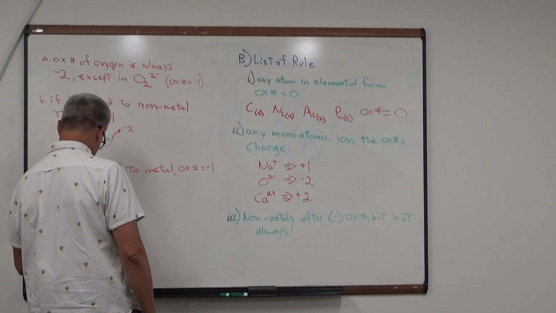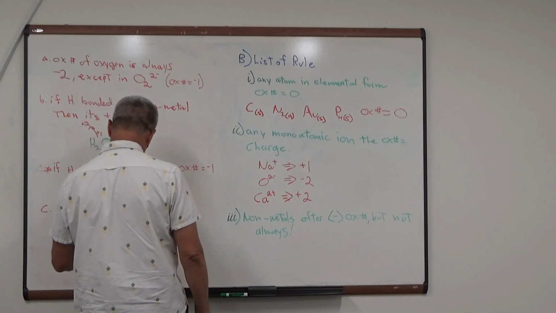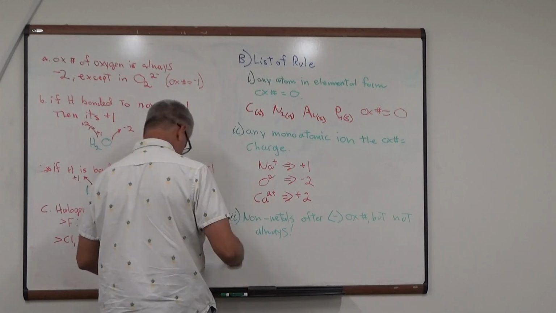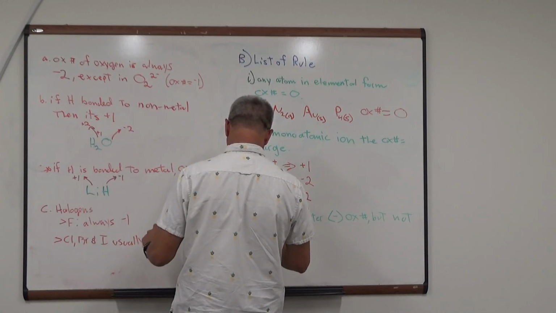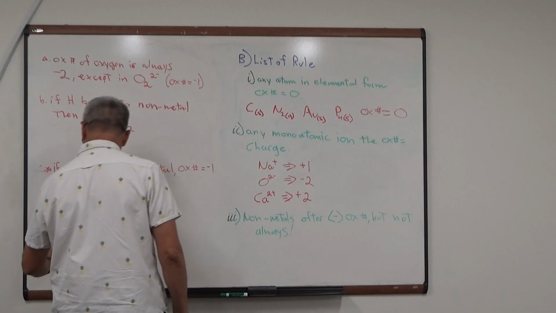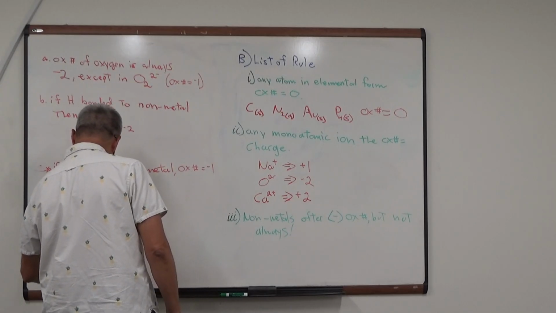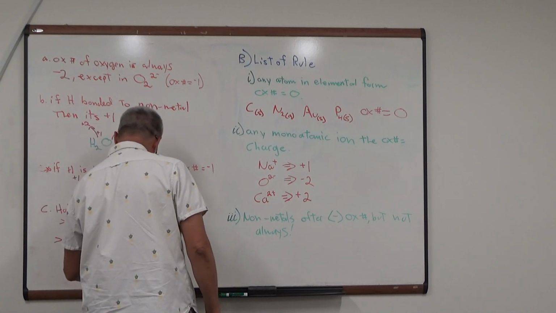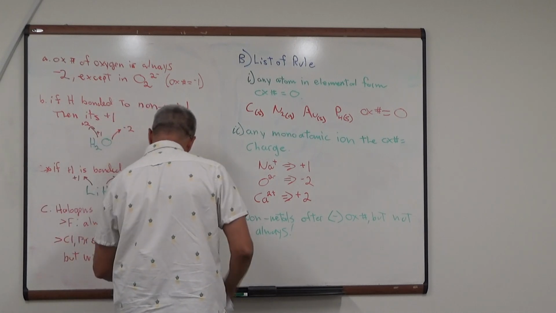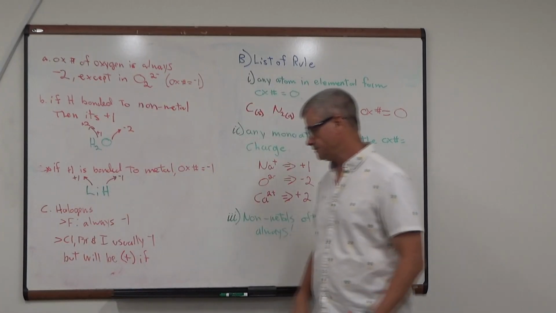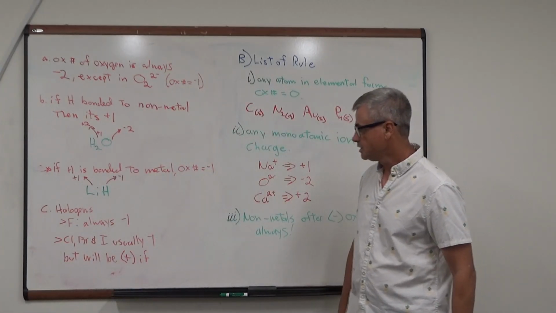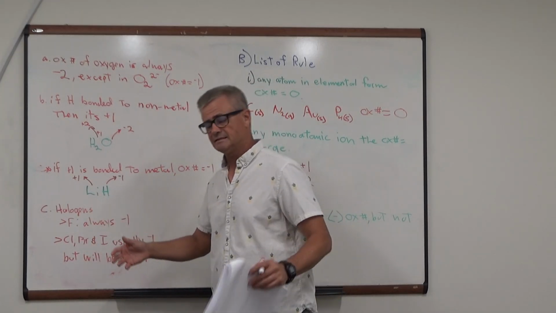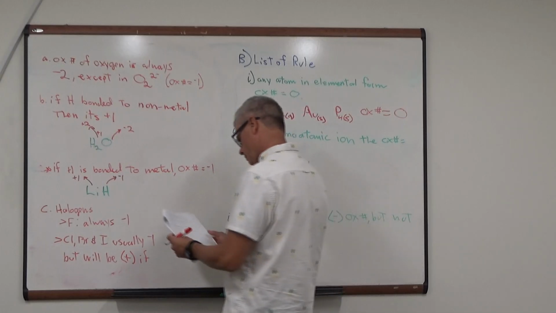Chlorine, bromine, and iodine are usually -1. But they can be all different oxidation numbers, and those are sometimes the more challenging ones to figure out, but it's not that bad when we do the process of elimination approach.